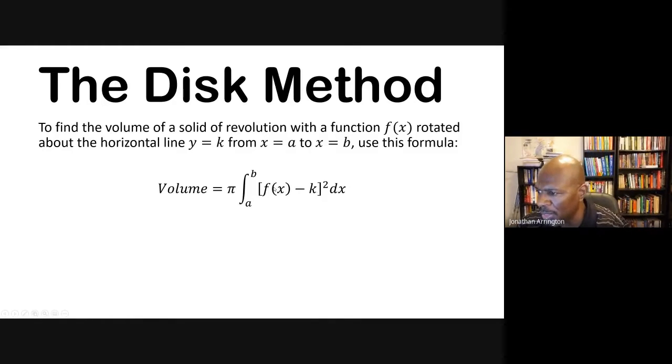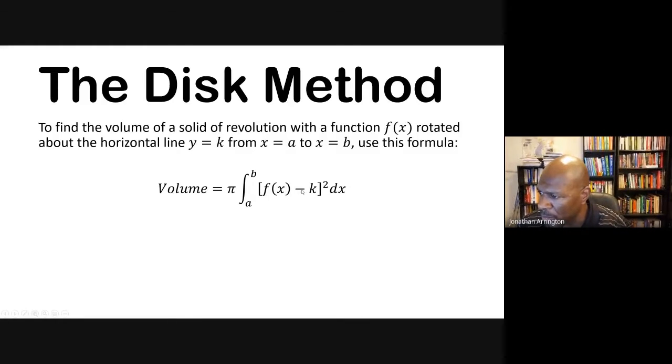Now, a point I want to make, which is going to become a little bit confusing when we do something called the washer method, is that what's in here is the radius. We're squaring the radius. So when we went about the x-axis, the radius was just f of x, or you can even think of it as f of x minus 0, because the equation for the x-axis is y equals 0.